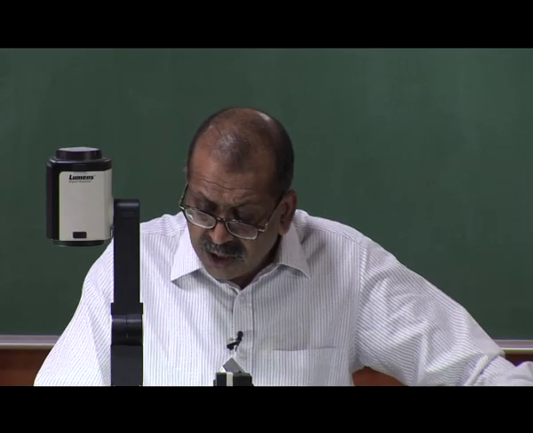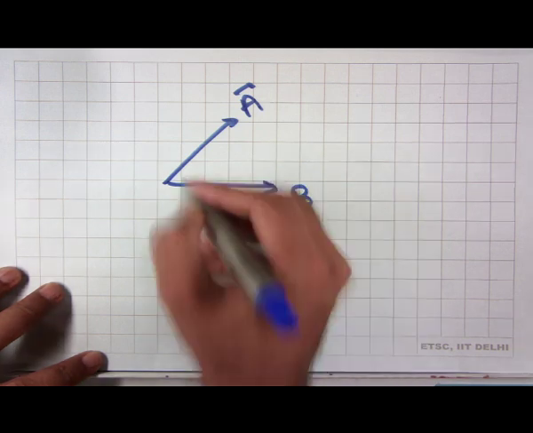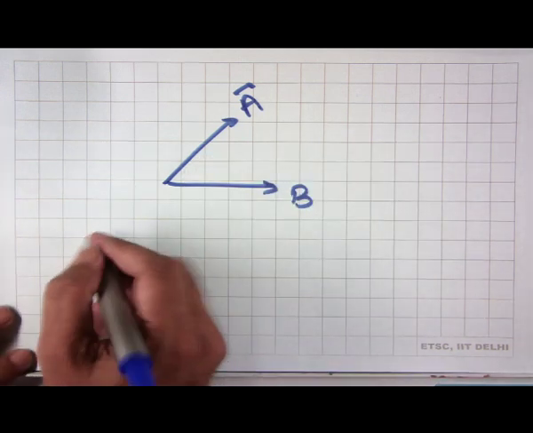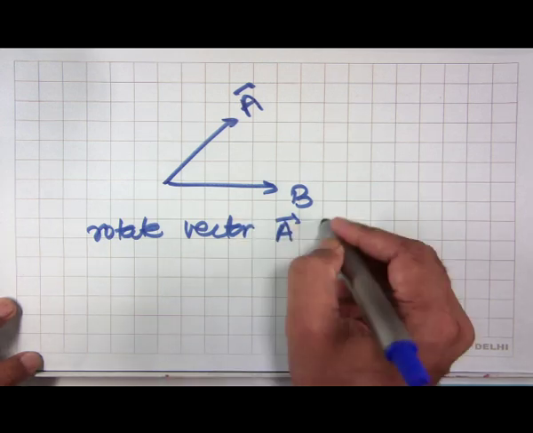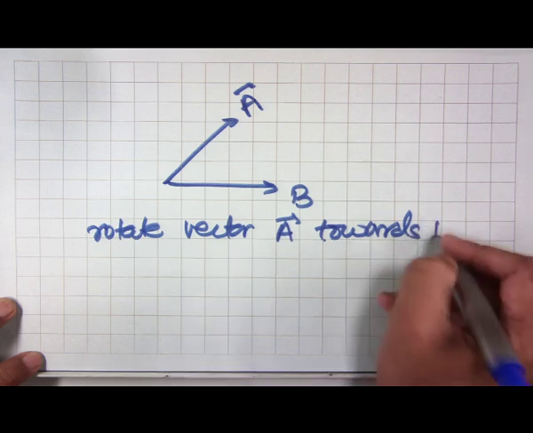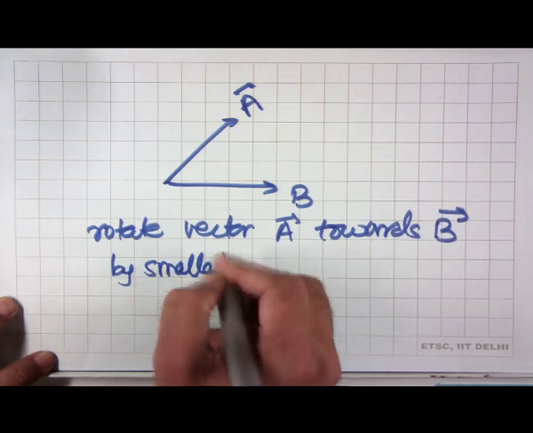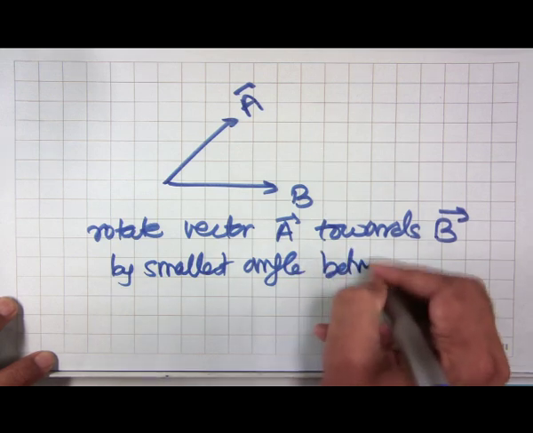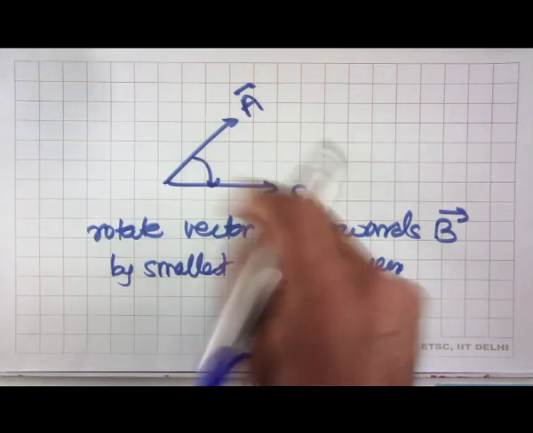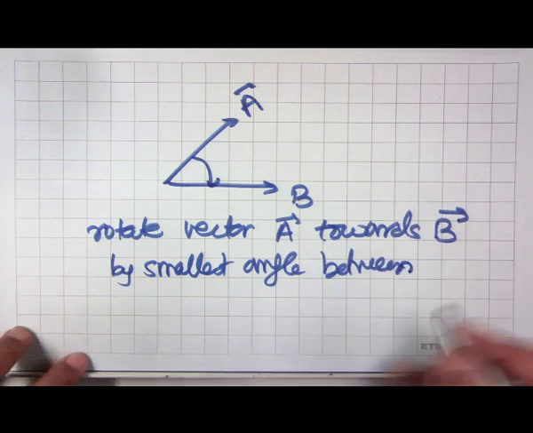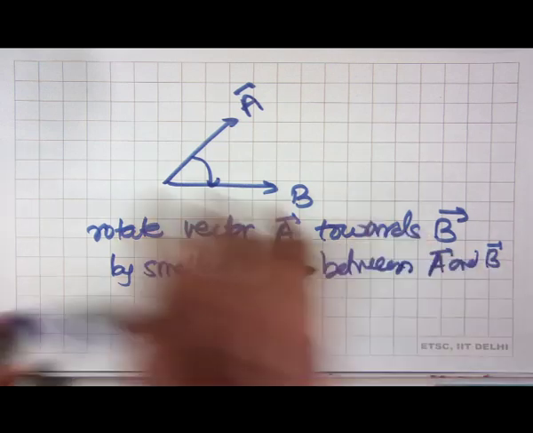So, what we do is we have the vector A and the vector B. We rotate the vector A towards B by the smallest angle between them. Once again, we will look at the smaller of the angles between A and B. The other angle will always be a reflex angle. So, we look at the smaller angle between A and B. We rotate A towards B.